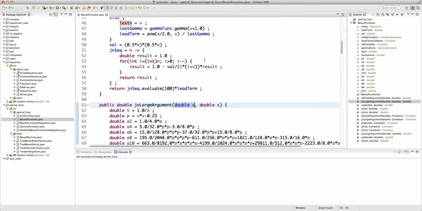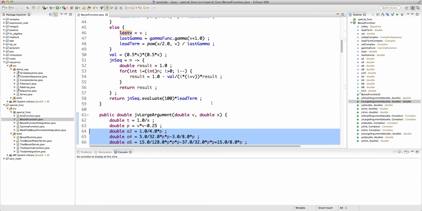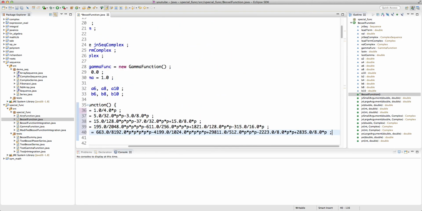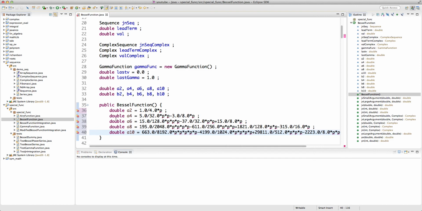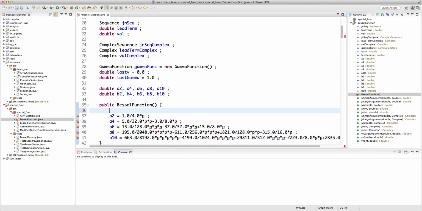Maybe let me copy these in the constructor, for example: a2, a4, a6, a8, and a10, and then p. What is p here? Let's define this as last nu times last nu minus 0.25.